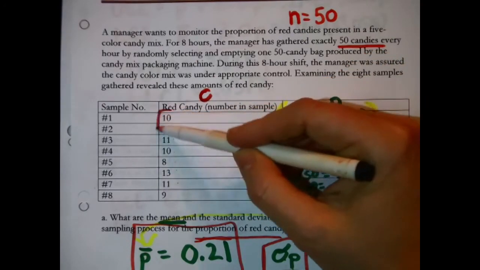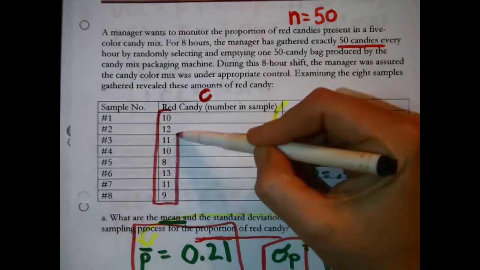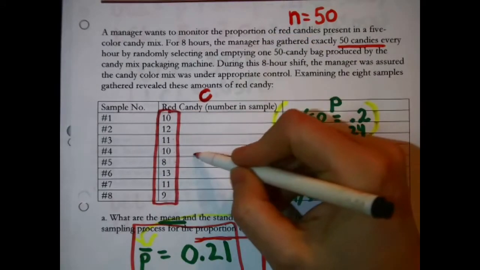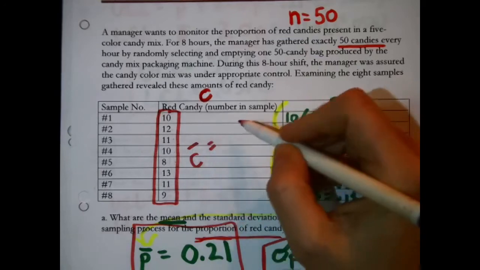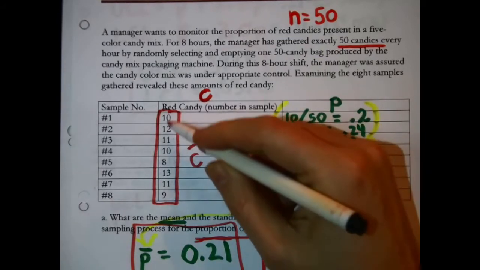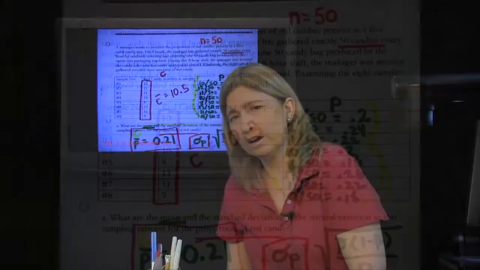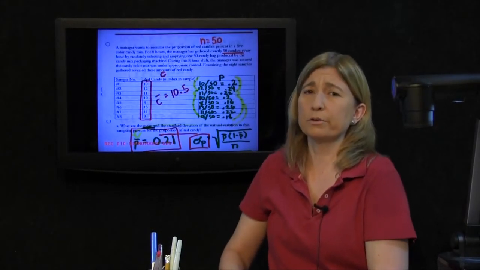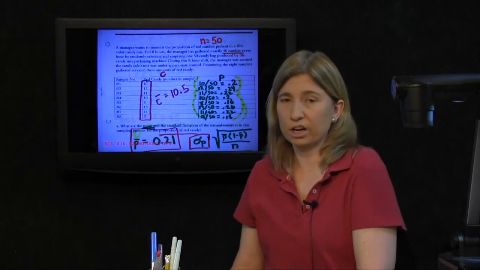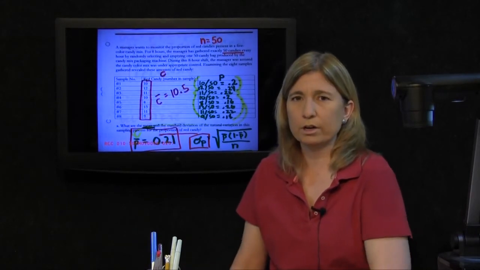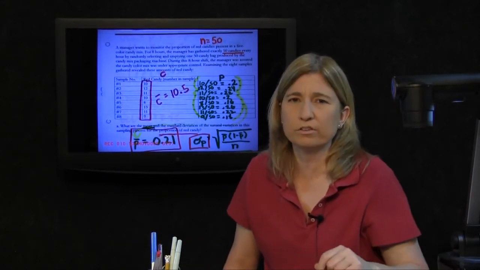So c bar is just the average of that column. If you average these actual observations, c bar is 10.5. On average, across those 8 samples, 10.5 candies were red. That's the number that we need for the c chart.